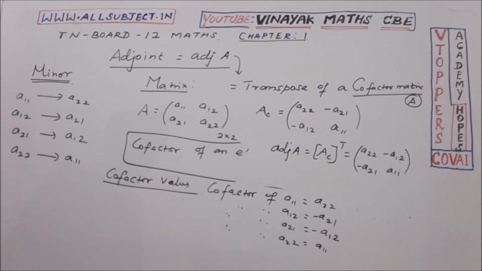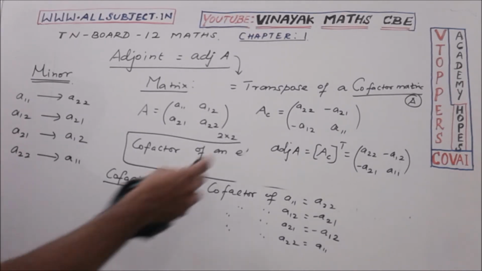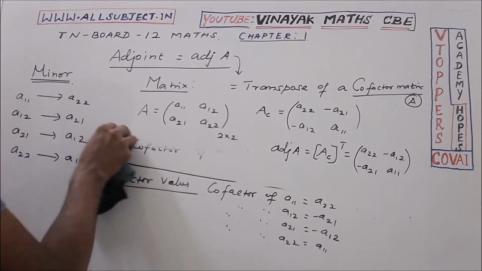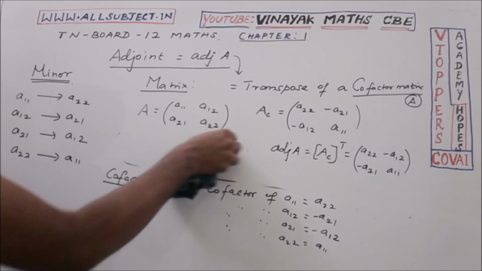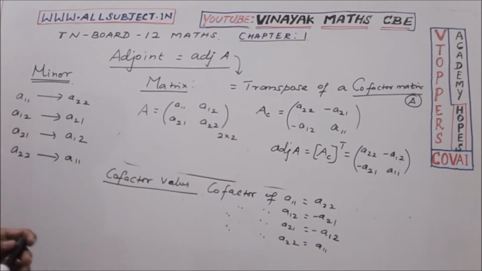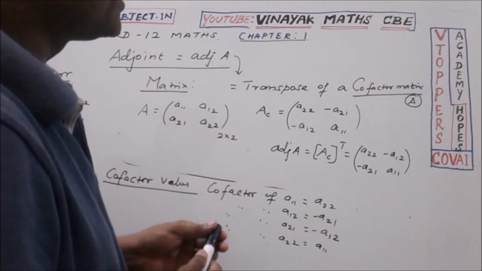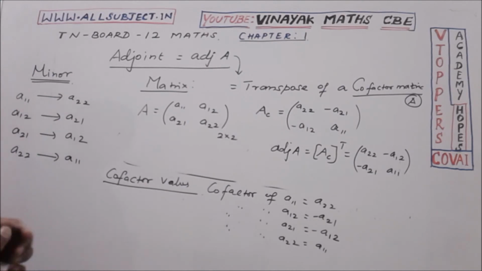So listen carefully here. Look at the matrix A and its adjoint. Can you find any difference between the two?